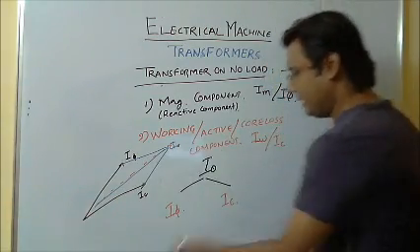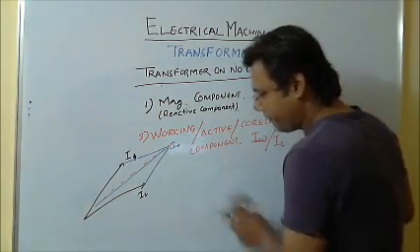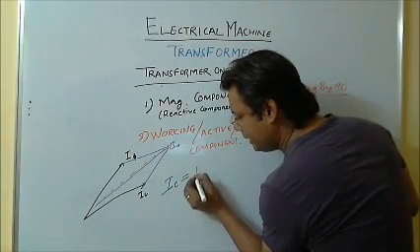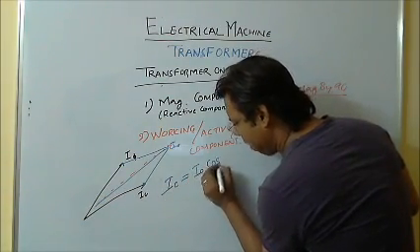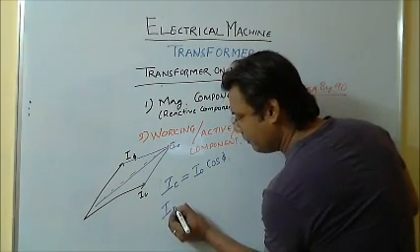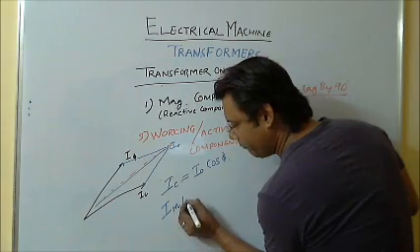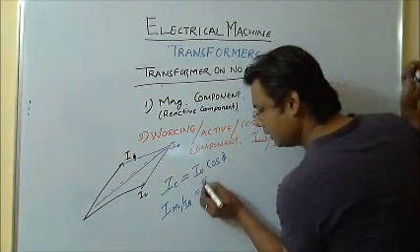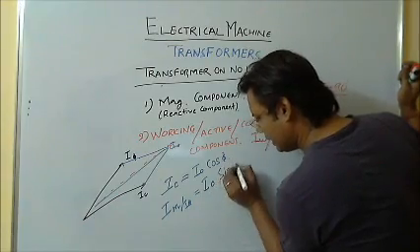I can also write this in this way: IC is equal to I0 cos phi, and IM or I phi is equal to I0 sin phi.